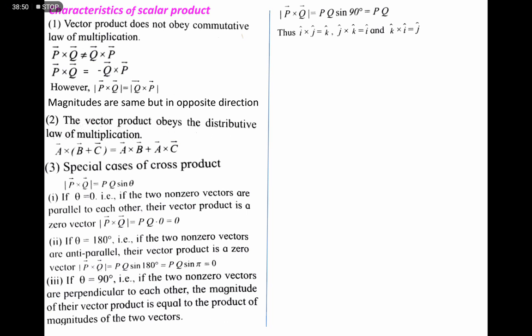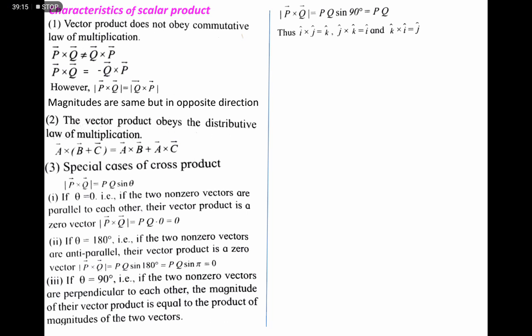Then the cross product of the unit vectors is cyclic. I bar cross j bar is k bar, j bar cross k bar is equal to I bar, and k bar cross I bar is equal to j bar.